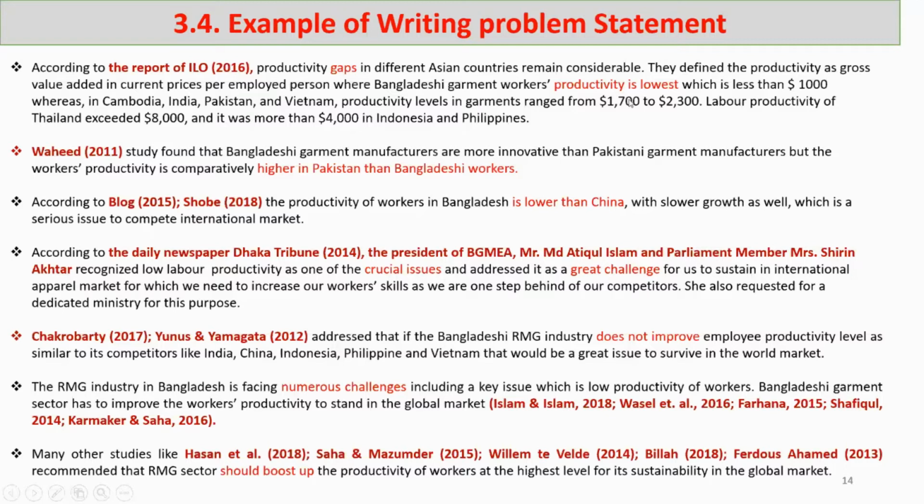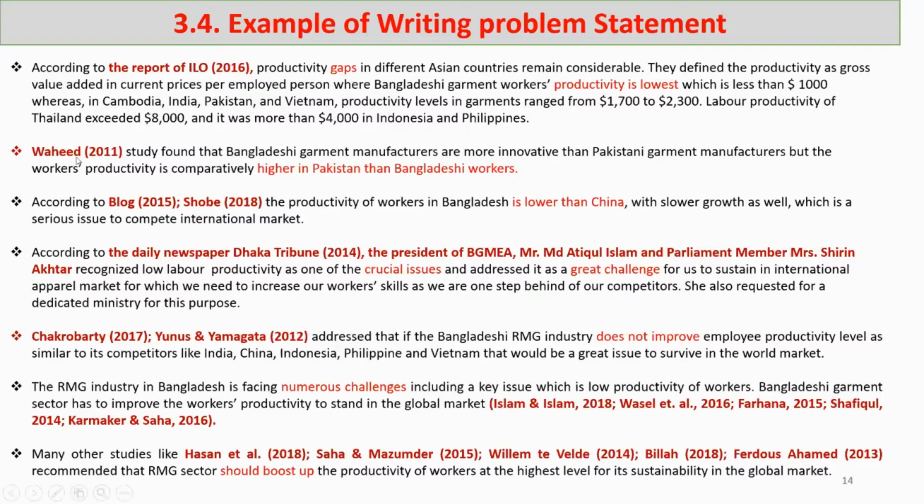See, their productivity is 1,700 to 2,300, whereas ours is less than 1,000. Labor productivity of Thailand exceeded 8,000, whereas in Bangladesh it is less than 1,000, and it is more than $4,000 for Indonesia and the Philippines. So it's really a problem.